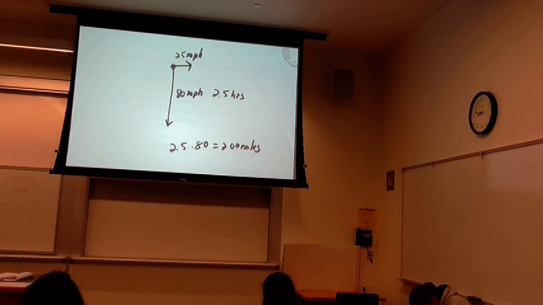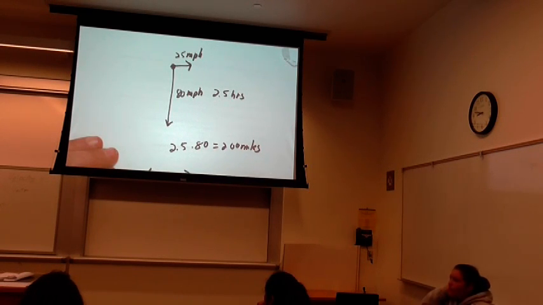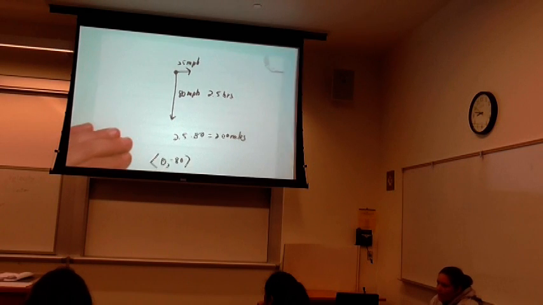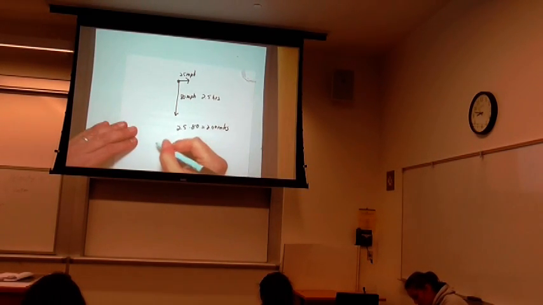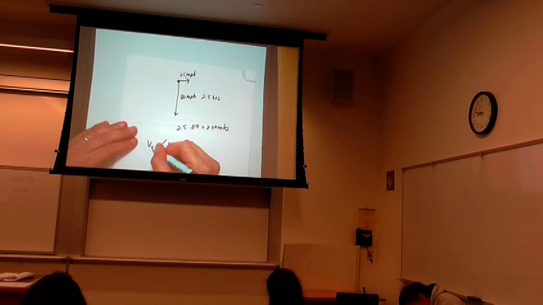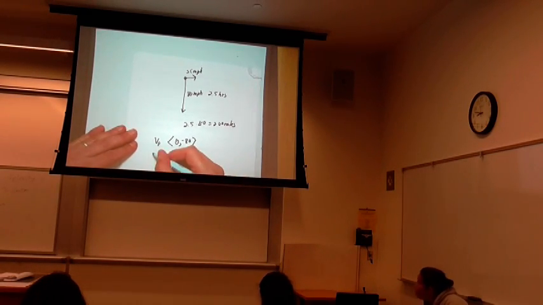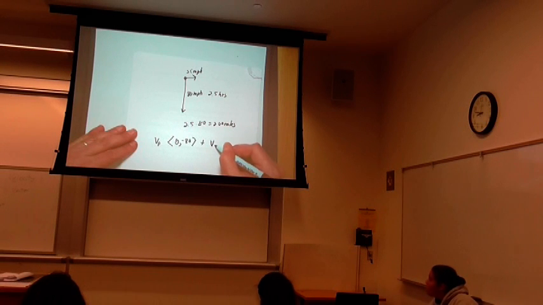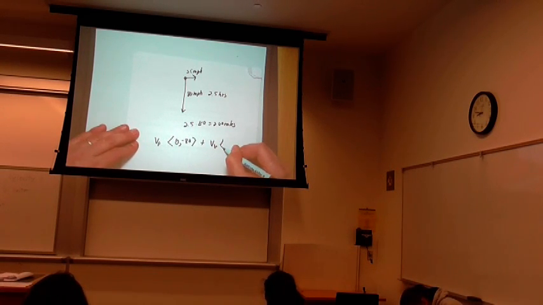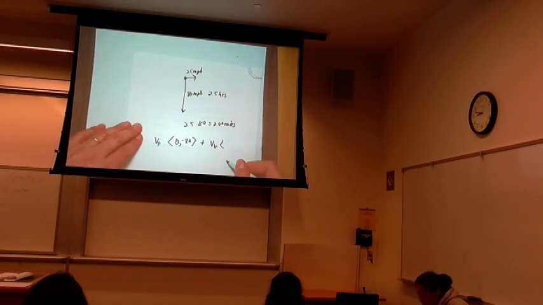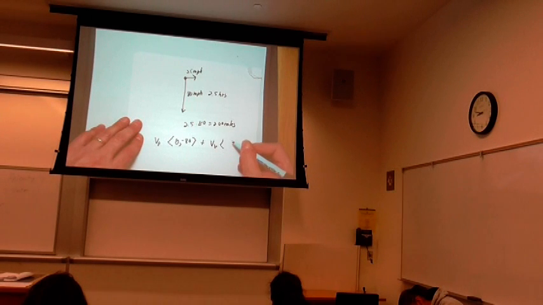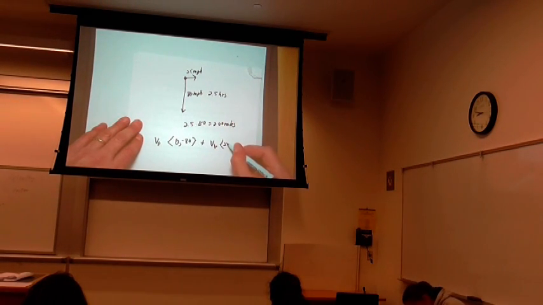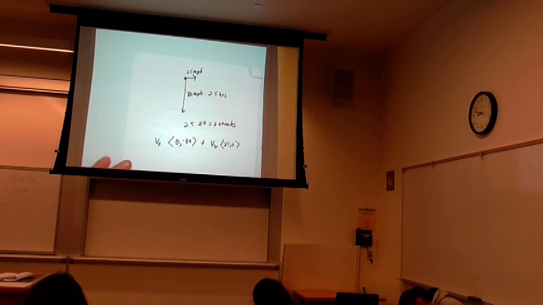Let's do this with component vectors. The first vector is 0, minus 80. That's the velocity of the plane. And we want to add that to the velocity of the wind, which is 25, 0.